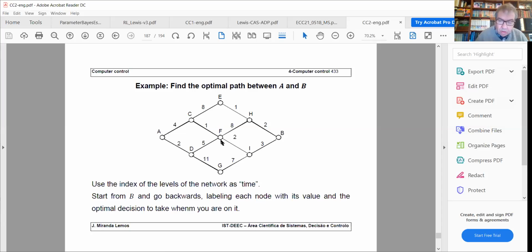I have this lecture prepared to discuss in the class, on the blackboard. We don't have a blackboard, but we have a whiteboard. So let me change my screen.